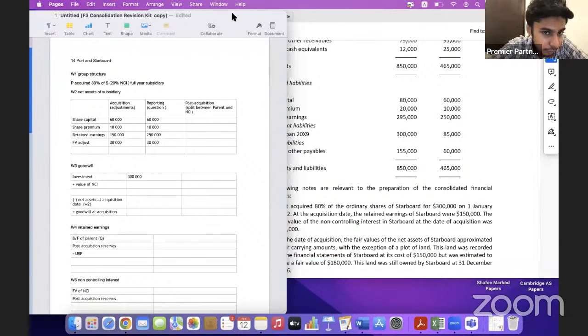Then, guys, why are we showing it on the reporting date? Because, guys, when we are preparing the statement, this land is still with us. Then we have to show this on our SOFP. That's why I'm showing it in the reporting column also. It happened on this date. It must be shown on the financial statement. That's why I have marked it over here.